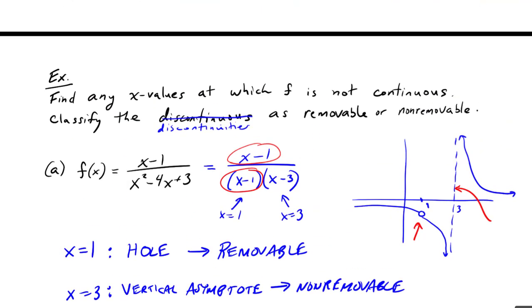The first example here was a rational function, and we seem to end up saying that the only places where it had discontinuities were on points that were not in the domain, places where the function wasn't defined. We could have easily just said x equals 1, x equals 3 are the discontinuities, and that's correct.